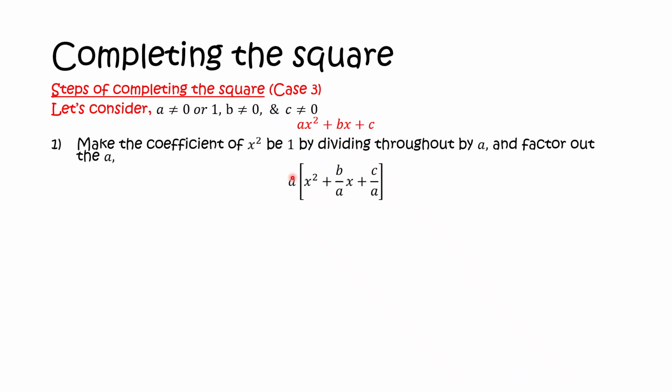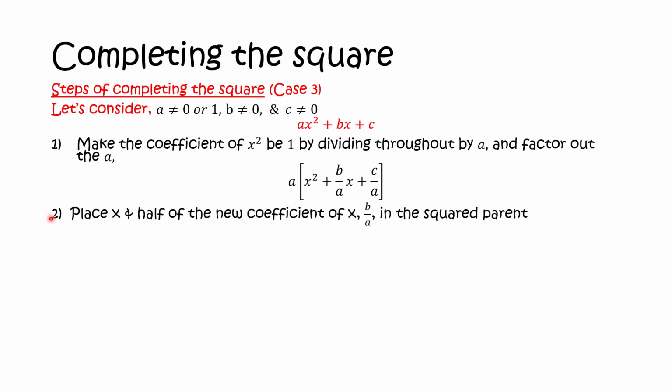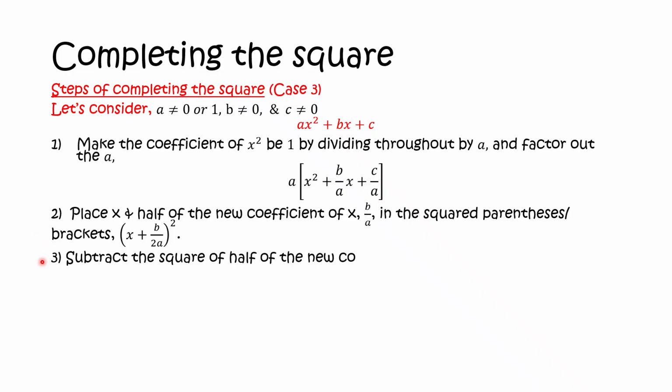As you can see, we have factored out the a, and all the other terms are divided by a because the a is outside. When we multiply the a into the square bracket or parenthesis, we go back to the expression we had above. The second thing is to place x and half of the new coefficient of x, b over a, in the squared parenthesis, so that we have x plus b over 2a squared. Step 3.